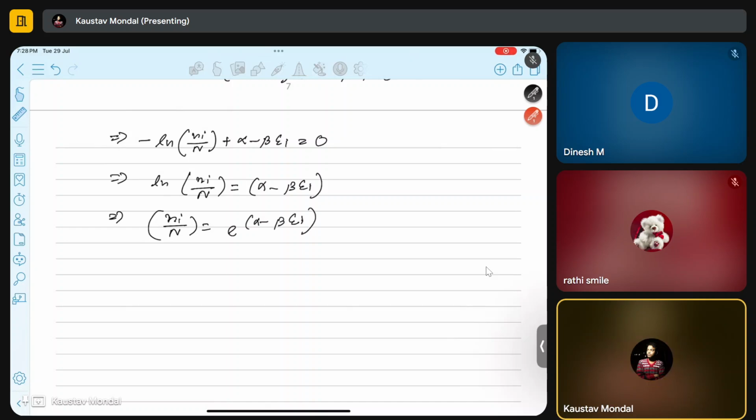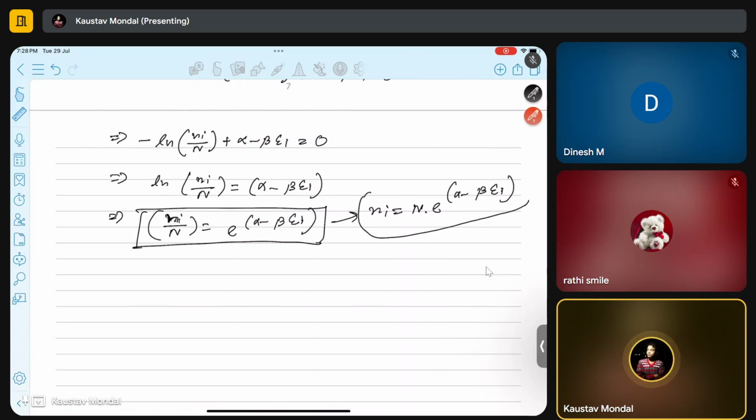Okay, so this is the most probable configuration, more precisely the configuration of the ith state.